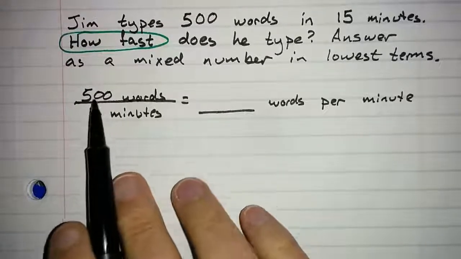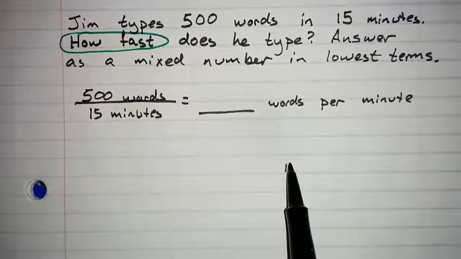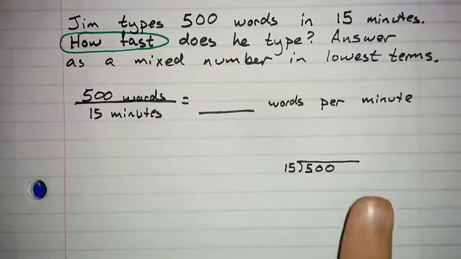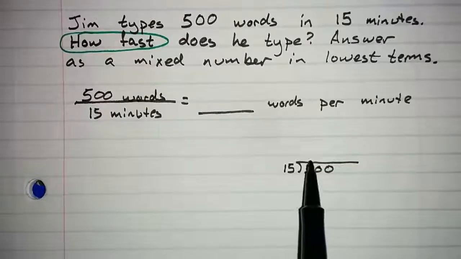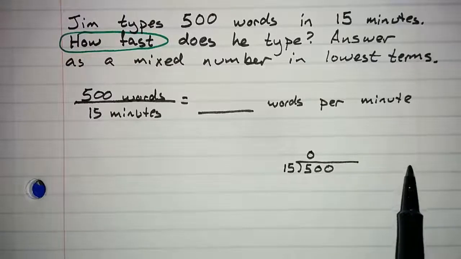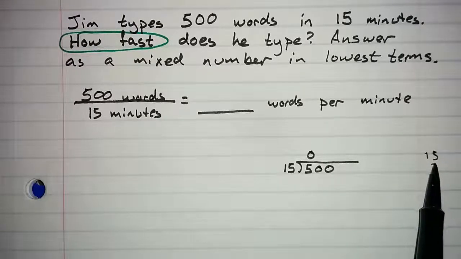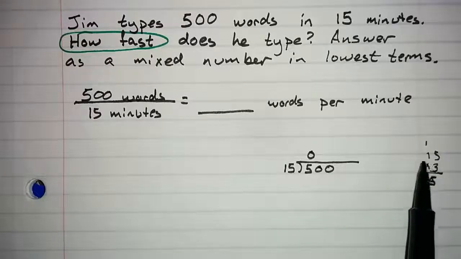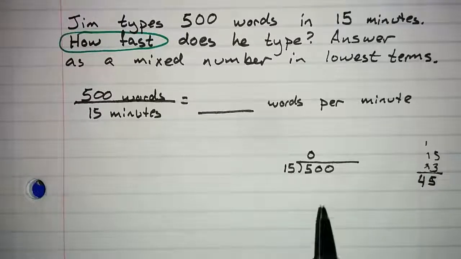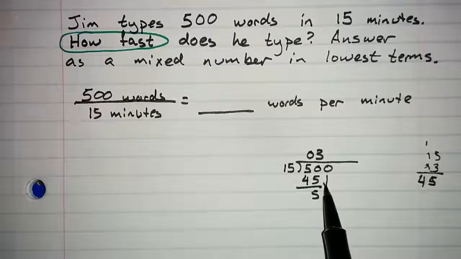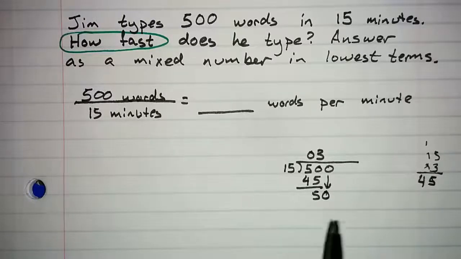And in order to find out how many, we'll do this division. So denominator into numerator. 15 goes into 5, no. Into 50, I think 3 times, right? 15 goes into 50 3 times again.